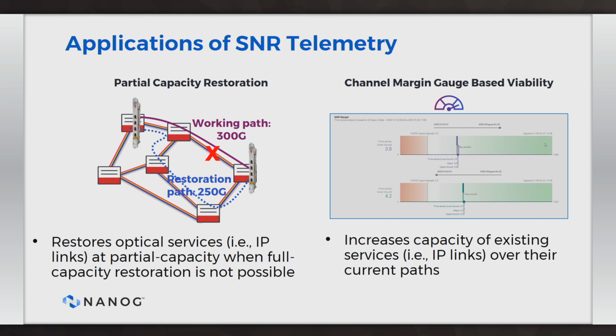The second app is looking at the SNR values end-to-end, from the A-end to the Z-end of the optical service paths, and looking at how much noise is on that channel. Then you get a nice graph of green and red. If it is green, you can bump up the capacity of that signal. If it is red, that means there's going to be a failure on this very soon.